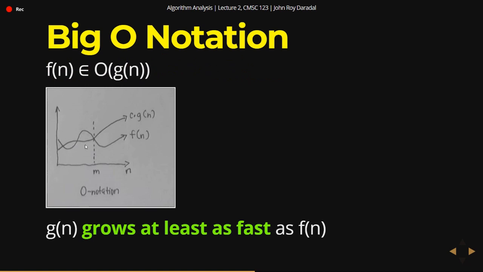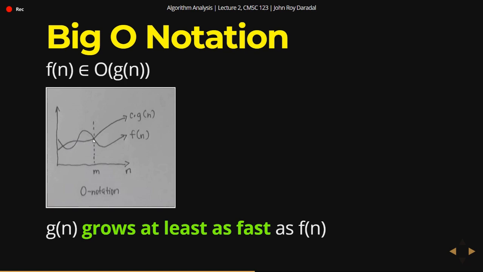Let's say we have two functions here, this is f of n and then this is c times g of n. There could be cases wherein f of n is bigger or f of n is smaller than g of n. So in some cases, their behavior can still be mixed up.